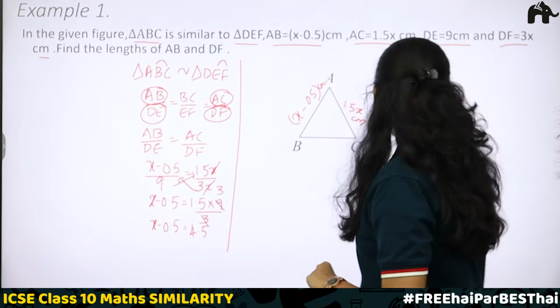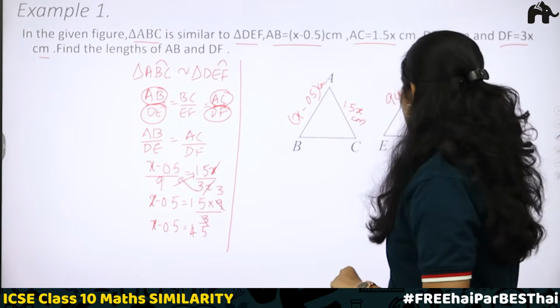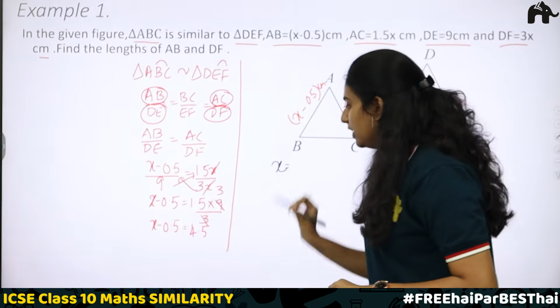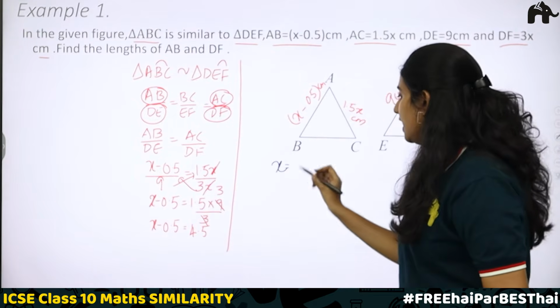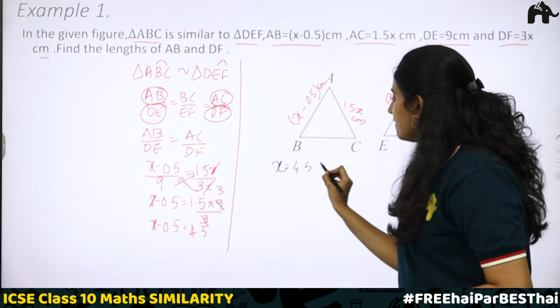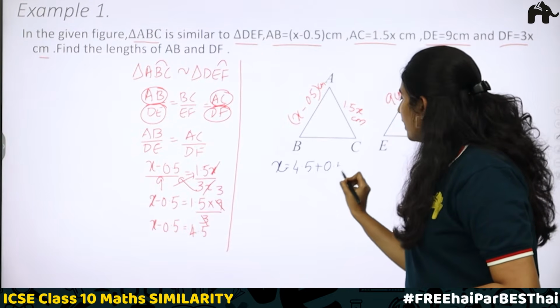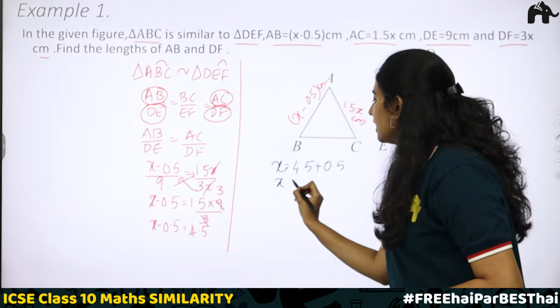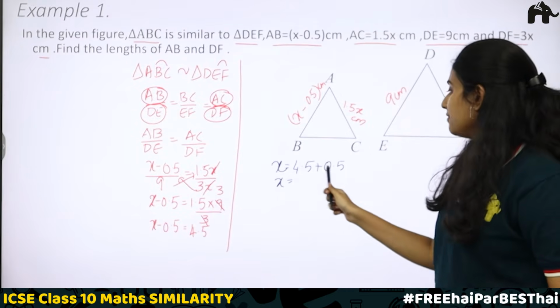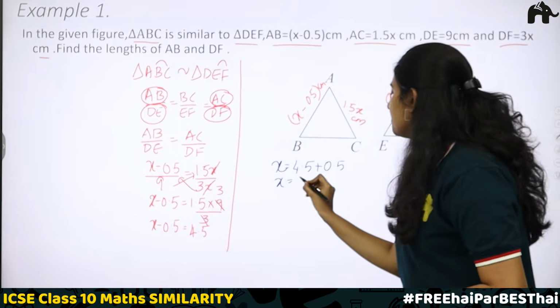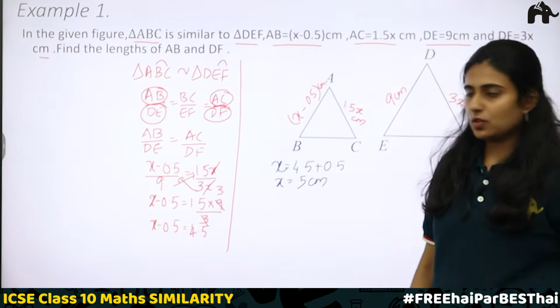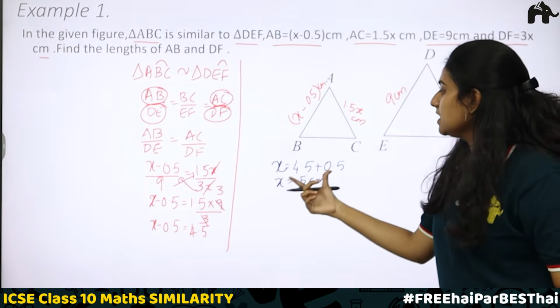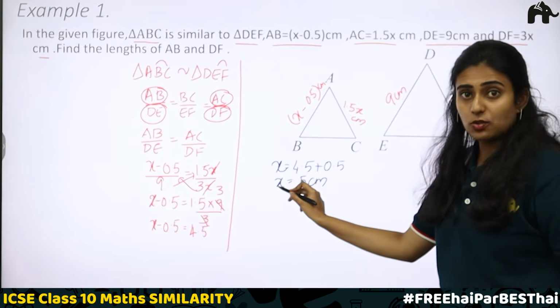Therefore, taking this minus 0.5 to the right hand side, x is equal to 4.5 plus 0.5, and that is 5 centimeter. So 5 centimeter is the value of x.